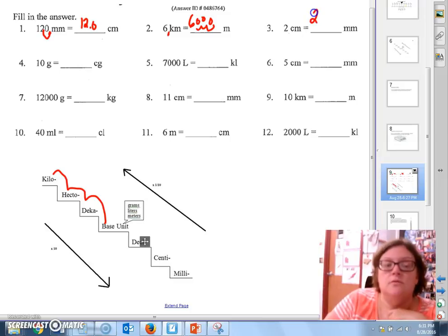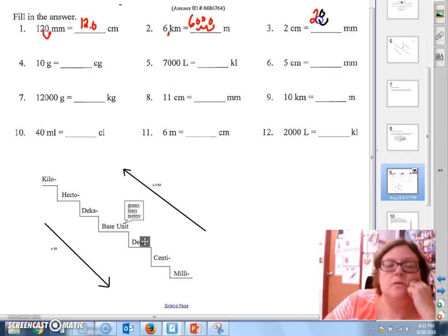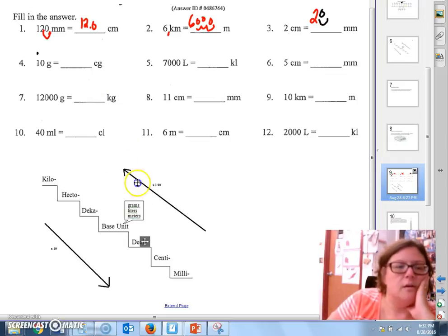2 centimeters to millimeters. Here's centimeters, right here. Centimeters to millimeters. We're going to just move 1 to the right. 2 centimeters is the same as 20 millimeters. All right, 10 grams to centigrams.